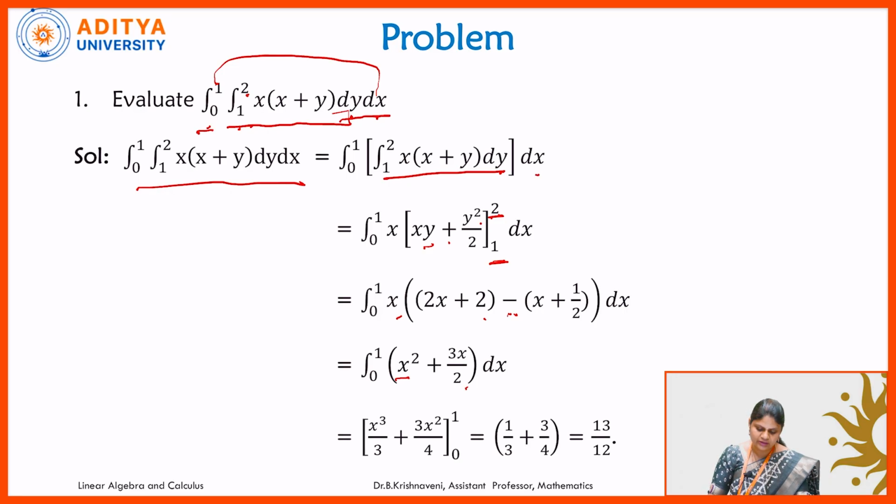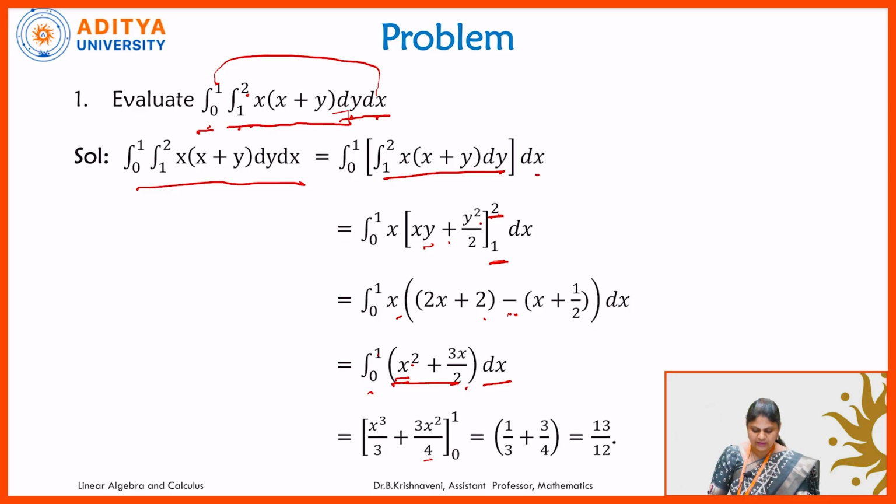So now do the integration of this function with respect to x between the limits 0 to 1. Now we know the integration of x square is x cube by 3, plus 3 by 2 into the integration of x, which is x square by 2, so 2 into 2 is 4. Now the limits are 0 to 1.